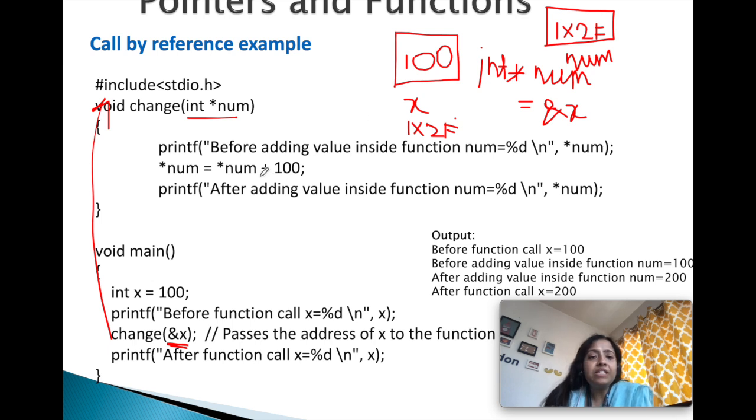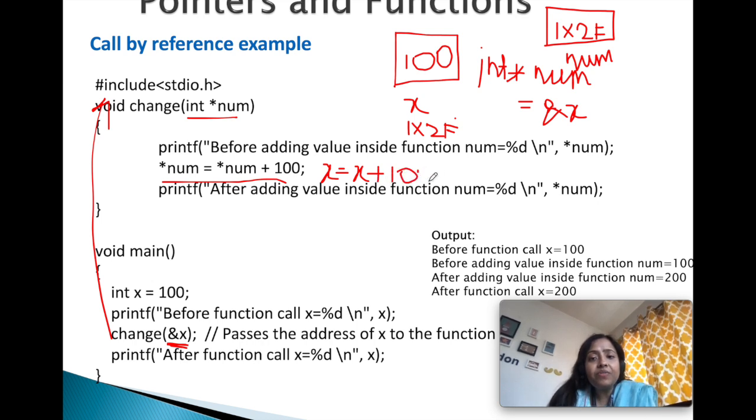Now coming to the next line, what did we do here? We did *num plus equals 100. What is *num? Just now I said to you, *num is actually the value of x, the x which is here. So as soon as we write *num, it is actually x. So what is the meaning of this line? Actually, it is x = x + 100. So what is the current value of x now?